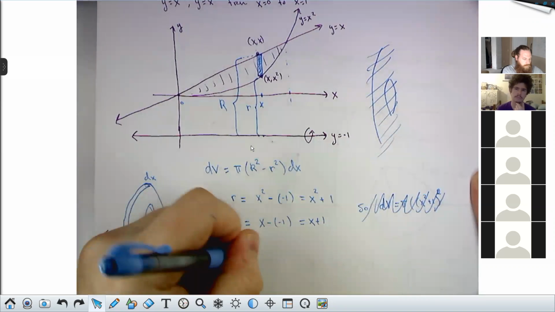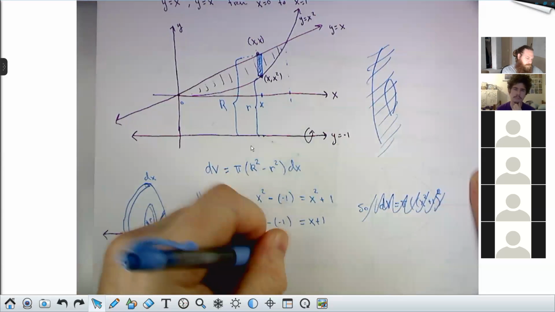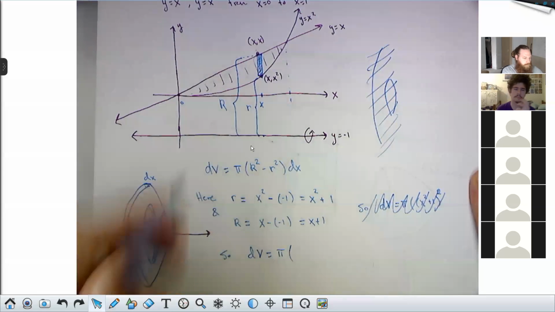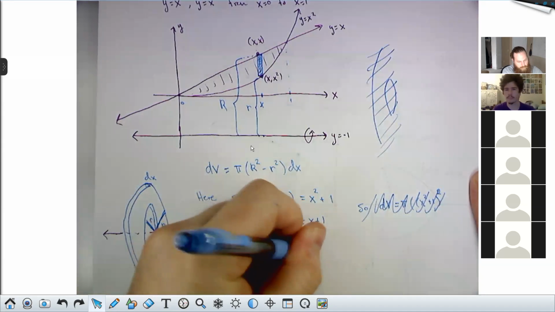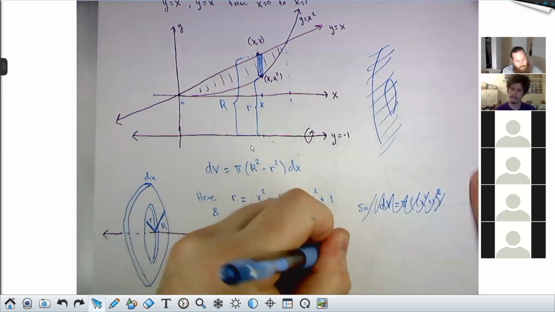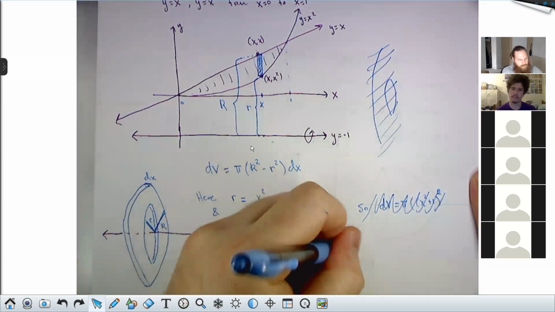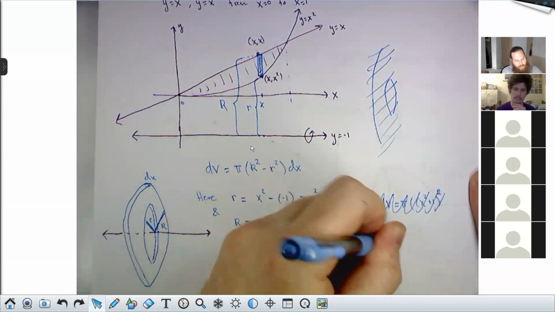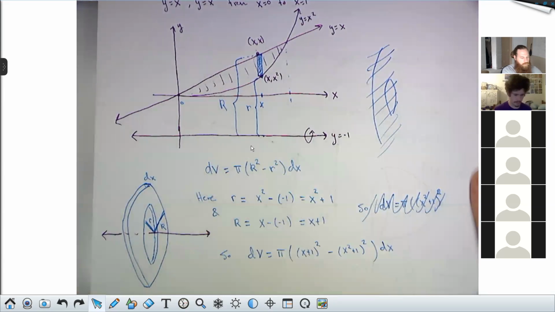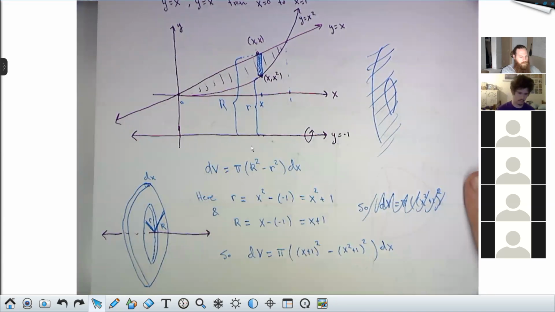So dV is pi times big R squared, which is x plus 1 quantity squared, minus little r squared, which is x squared plus 1 quantity squared dx. I started to write them in the wrong order over here. So this is the correct order, right? This is big R squared.